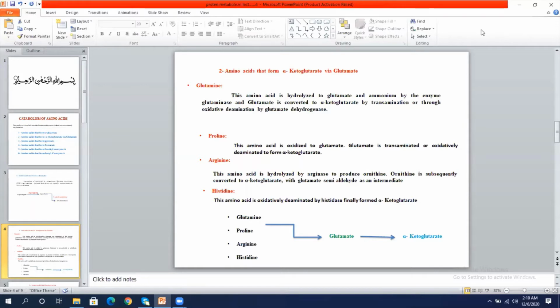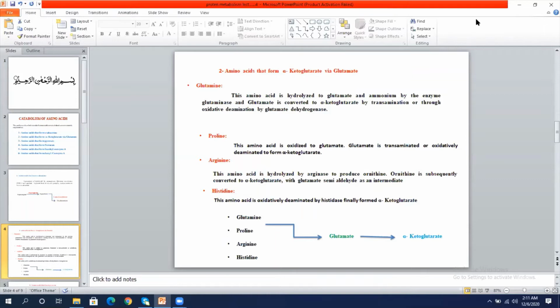Glutamine is hydrolyzed to form glutamate and ammonium by the enzyme glutaminase, and glutamate is converted to alpha ketoglutarate by transamination or through oxidative deamination. And when it is oxidative deamination, then the enzyme will be glutamate dehydrogenase.